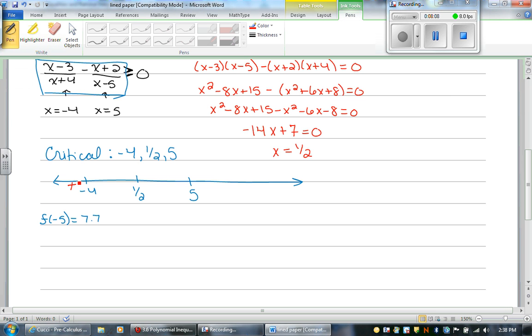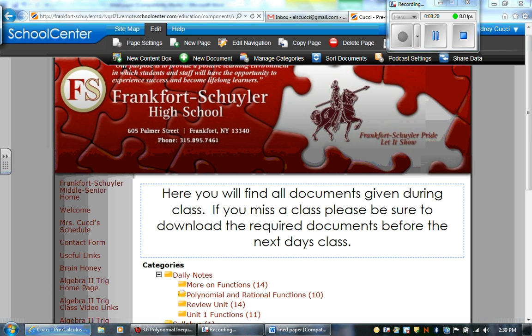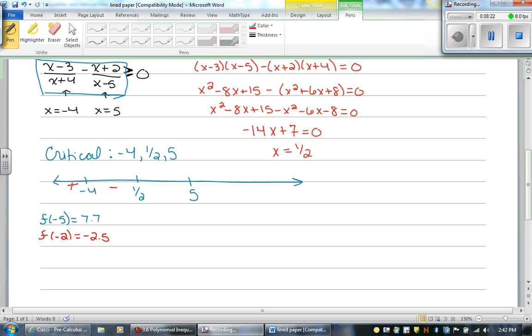Between -4 and 1/2, let's pick -2. And we get a value of -2.5, so that's negative. Now we need a value between 1/2 and 5.